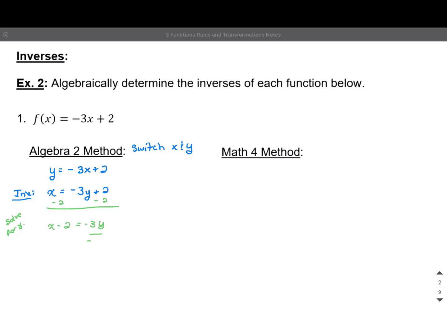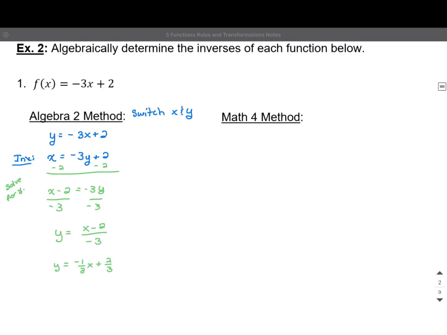And then we have to divide by negative 3. So we have y equals x minus 2 over negative 3, which is the same as y equals... why do I have a negative x? Sorry about that. Don't know where that came from. So y equals negative x over 3 or negative 1/3 x, whichever you want, plus 2/3.